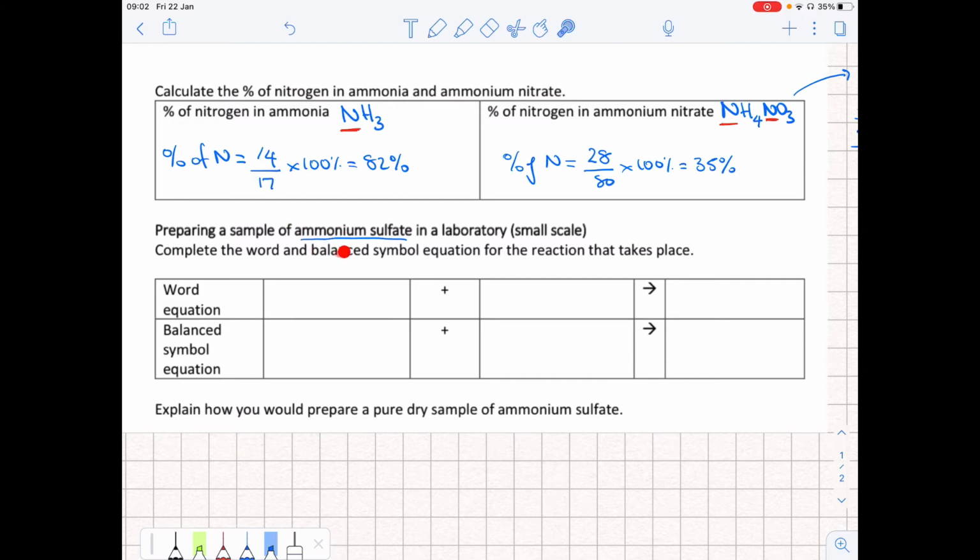The ammonium is going to come from ammonia, so I'm going to react ammonia with, in order to get a sulphate, sulfuric acid, so that it will be neutralized. And that will make, as we've just said, ammonium sulphate. Ammonia is NH3. Sulfuric acid, remember, is H2SO4.